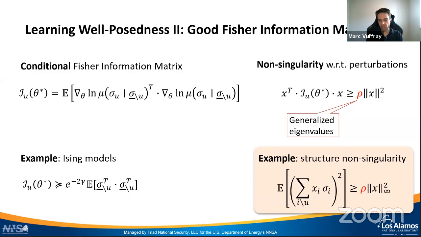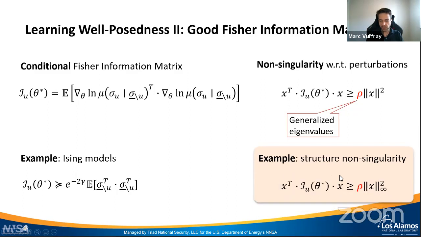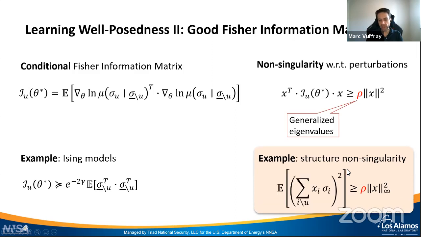Something I can add for this Ising model non-degeneracy is another way to represent this condition with respect to the Fisher information matrix: there is no way you can create a magnetization that has a small variance. This is another way to see this eigenvalue, if you want a more physics-type intuition.